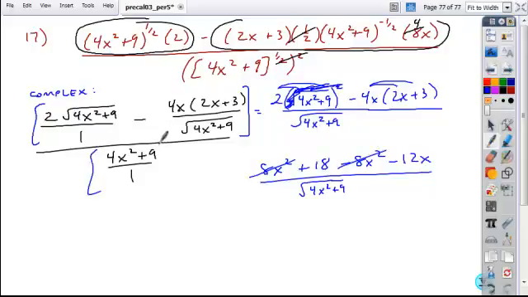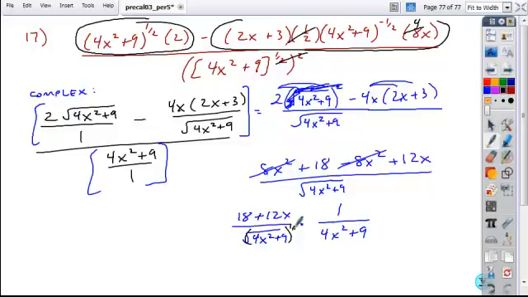We can now invert and multiply. We're taking this whole expression, 18 plus 12x over root 4x squared plus 9. And instead of dividing by this fraction in the denominator, we're going to multiply by the reciprocal, 1 over 4x squared plus 9. And now we can go back, turn this back into the rational power, and combine our terms.